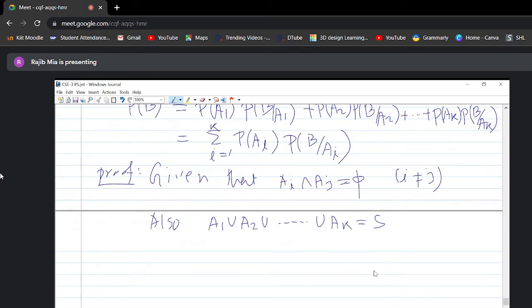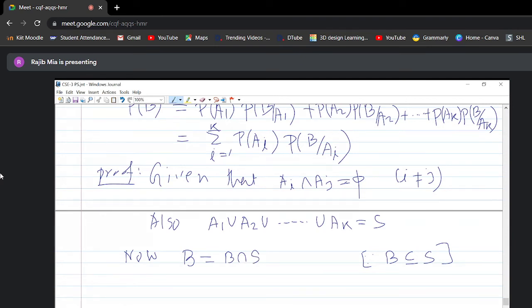Now B equals, so S is a sample space and B is an event in the sample space S, and we know that any event is a subset of the sample space. So obviously B is a subset of S. This is clear. So if B is a subset of S, we can write B equals B intersection S, right?